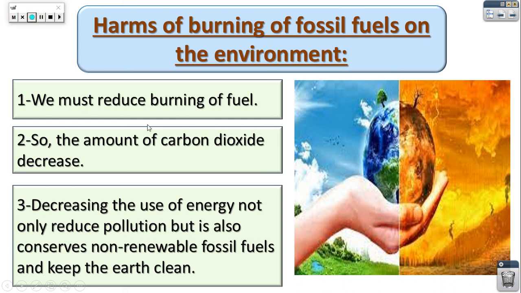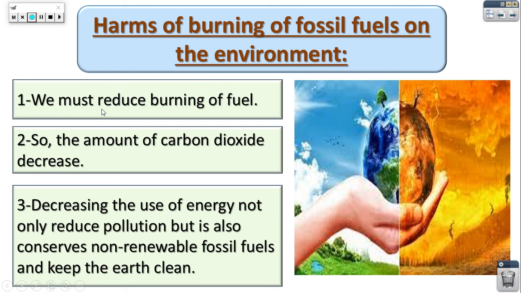We must reduce the burning of fuel, so the amount of carbon dioxide decreases. Decreasing the use of fossil fuel not only decreases the pollution of the air, but it also conserves the non-renewable source of energy like fossil fuel and keeps the earth clean.